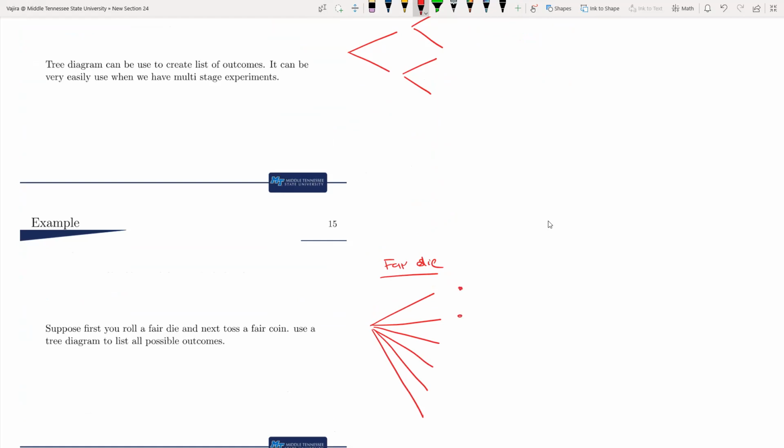It can be 1, 2, 3, 4, 5, or 6. Then the next stage is tossing the coin. It can be head or tail.